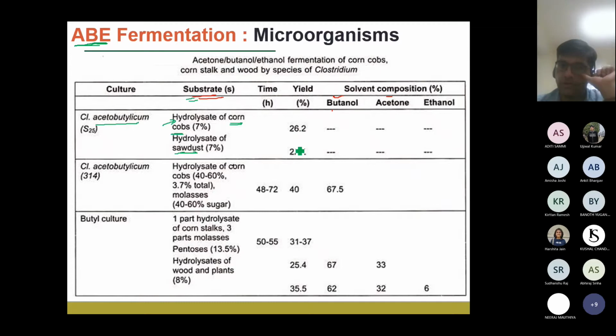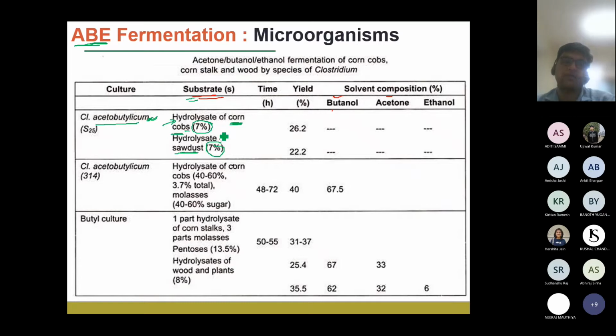So if you would like to produce, for example, the acetic acid or the butyric acid, then you have to select this particular microbial species, and you have to use the corn cob or the sawdust hydrolysates as your carbon source. And now what does this 7% mean?